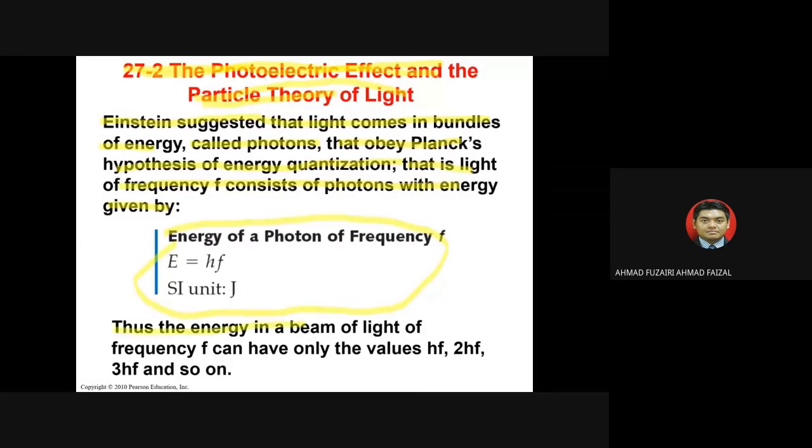Thus, the energy in a beam of light of frequency f can have only the values of hf, 2hf, 3hf, and so on. In other words, according to Einstein, he treated light as made up of particles, and those particles are called photons.